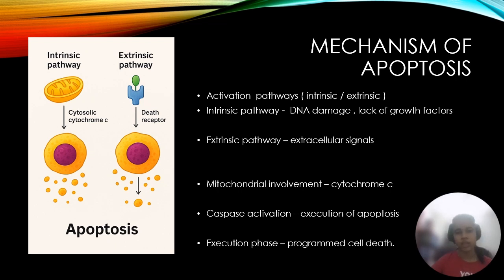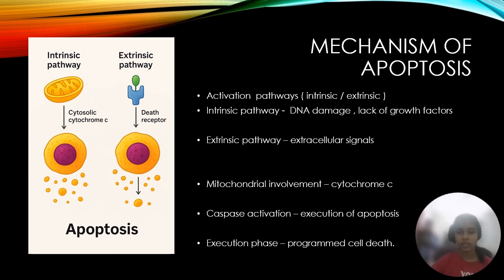So this will cause the release of cytochrome C. These factors are present in the intermembrane space, and through those pores they will be released into the cytosol. So that is the intrinsic pathway.